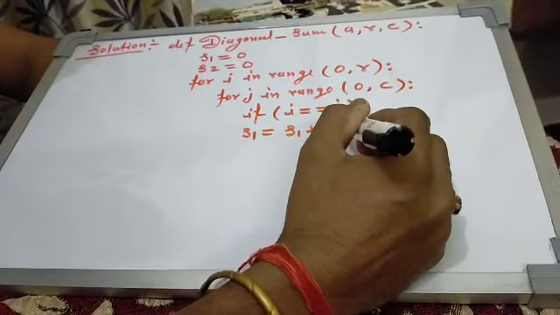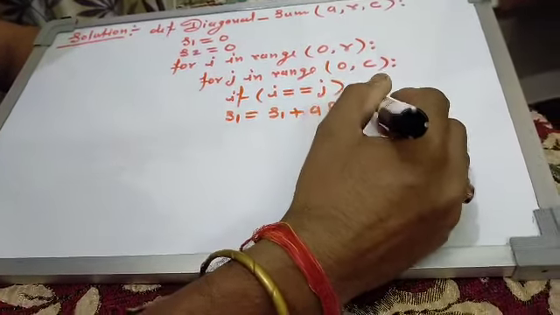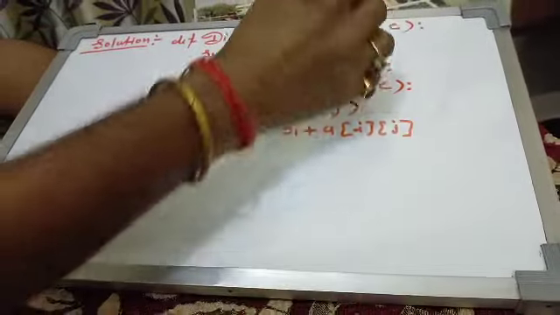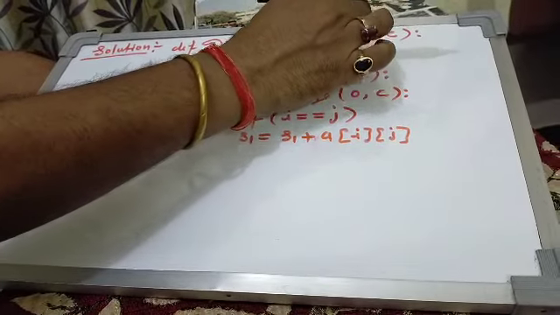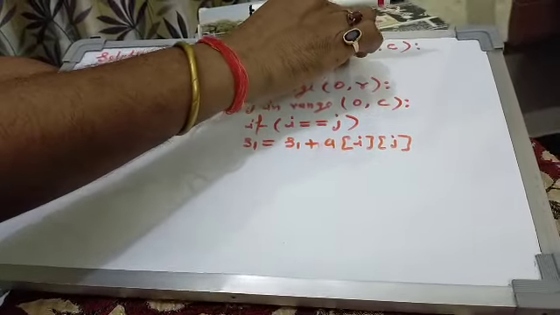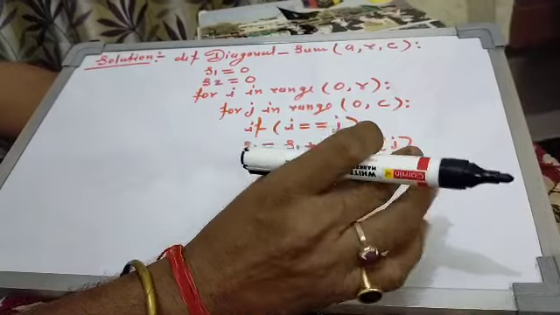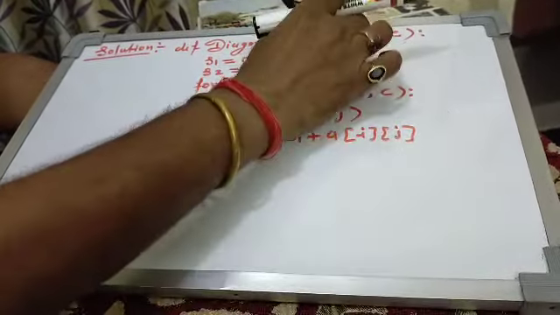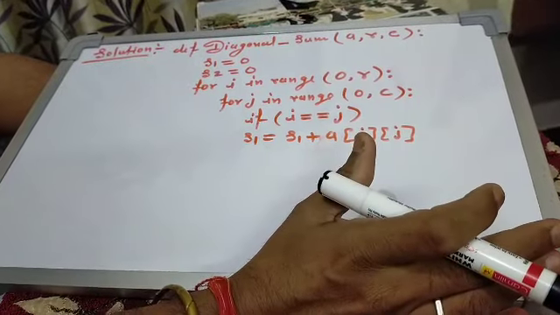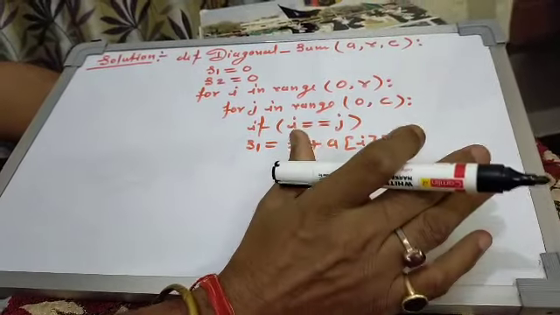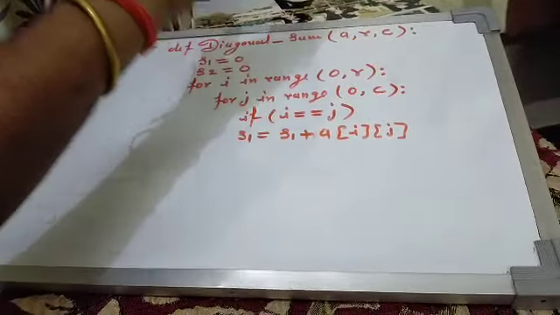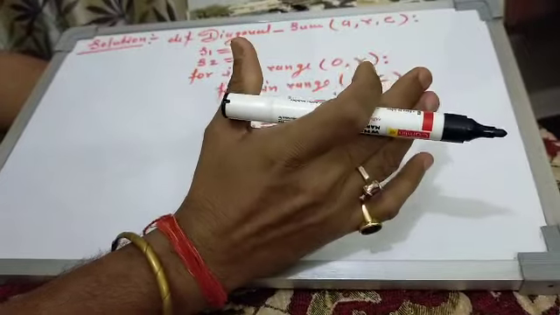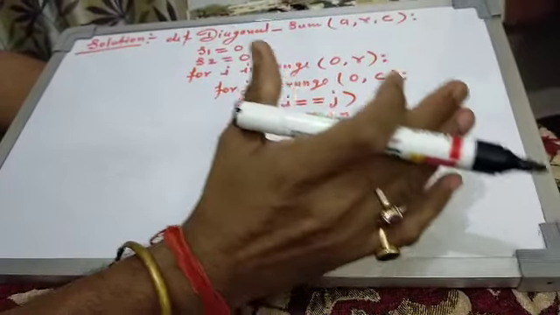I have taken a small because in the parameter of the function a is passed in small letter, and because Python is a case sensitive language, small a is not equal to capital A. Whatever data you are declaring in the program, you have to remember the case of the letter also.